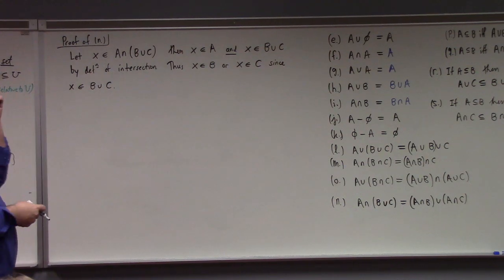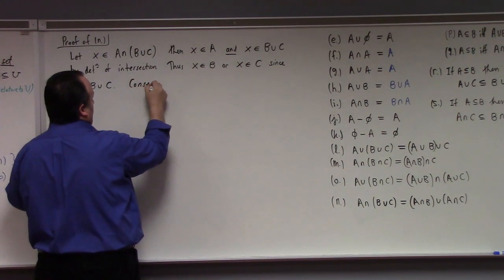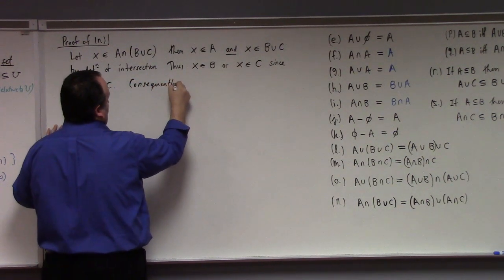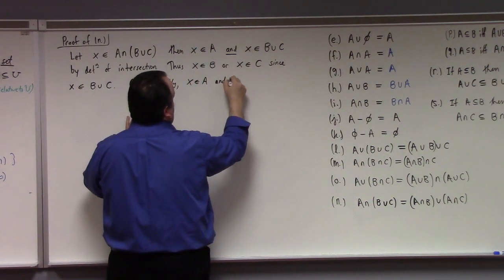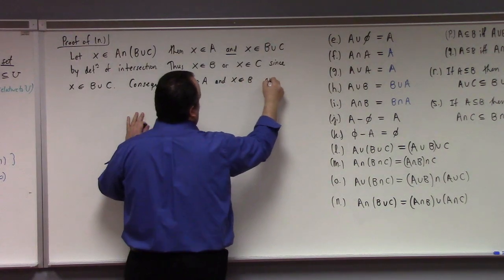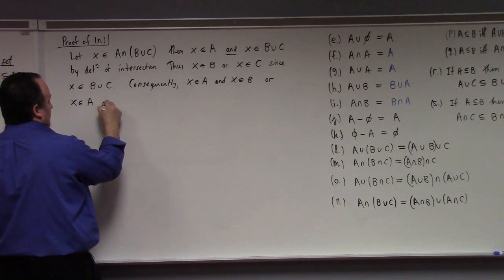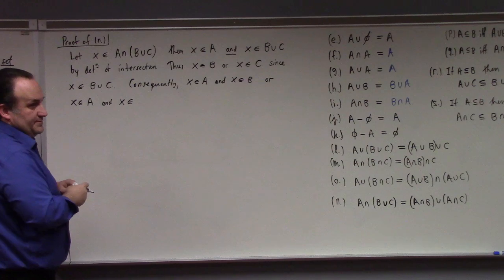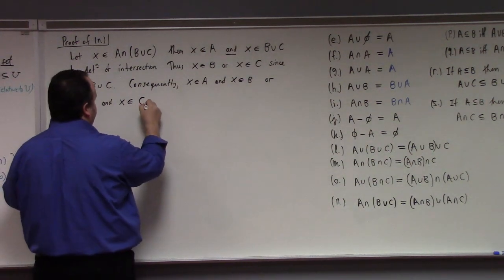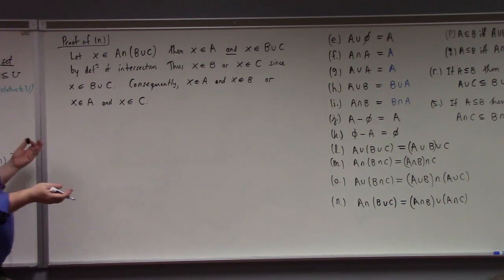So what do we find then? Consequently, X is an element of A, and X is an element of B, or X is an element of A, and X is an element of C, right? But that shows what?